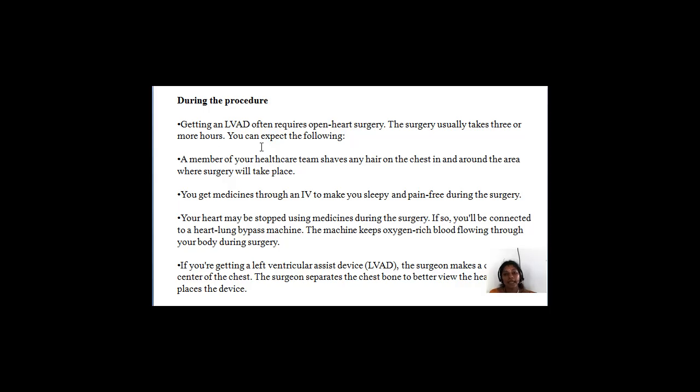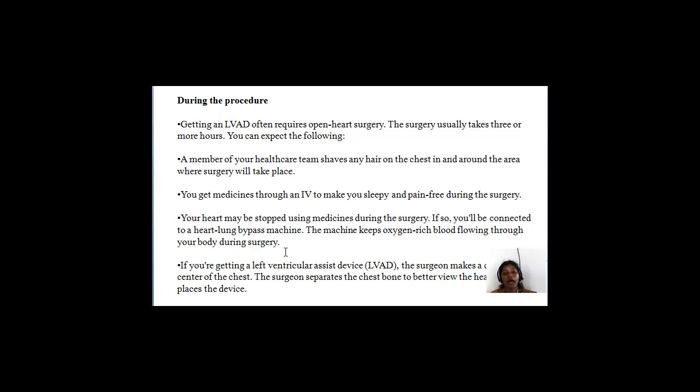The LVAD procedure requires open heart surgery. For that surgery, the chest area hair will be removed before the surgery, and the IV line will be inserted in the patient, and your heart may be stopped using medicines during the surgery.